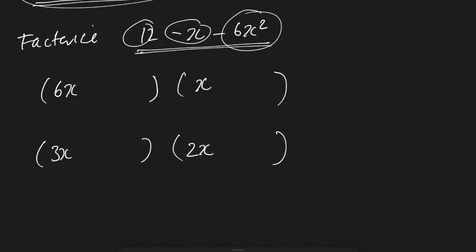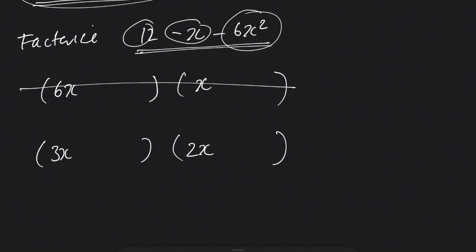So they can't equal 6 and 2 because the quadratic is odd. So therefore, we can think of what we've got here. So we can't have this. We've got to have something in terms of 3x and 2x. We need a 3 and a 4 to get to the 12.